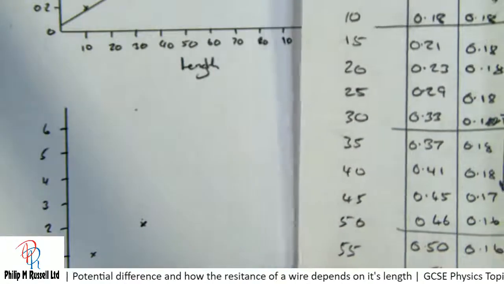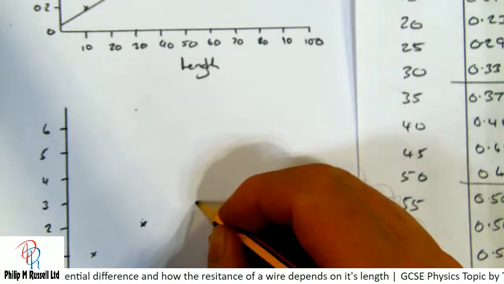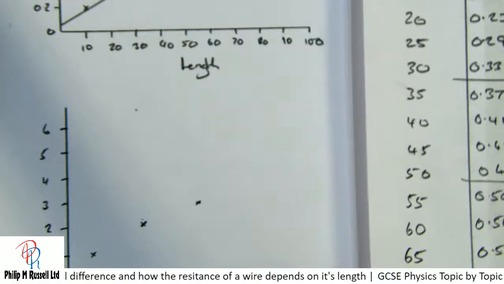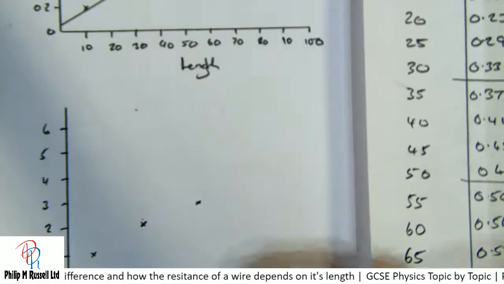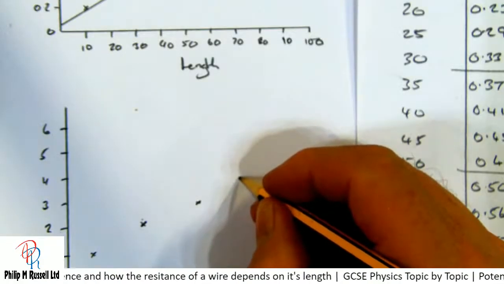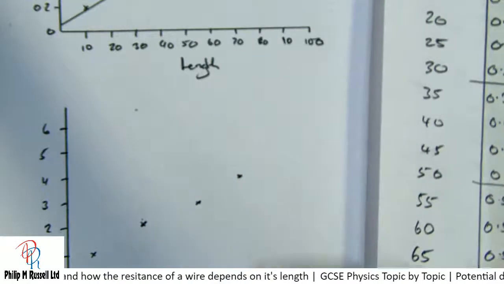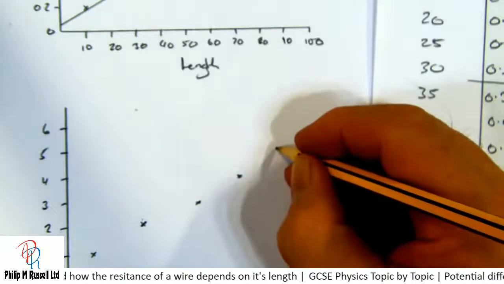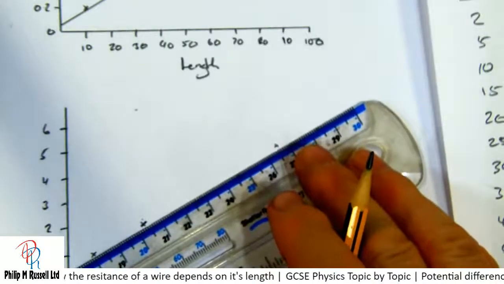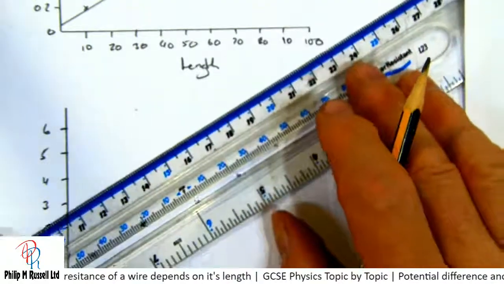At 50 we've got nearly 3. At 70 we've got nearly 4. And at 90 we've got nearly 5. Perhaps not such a good graph this time.